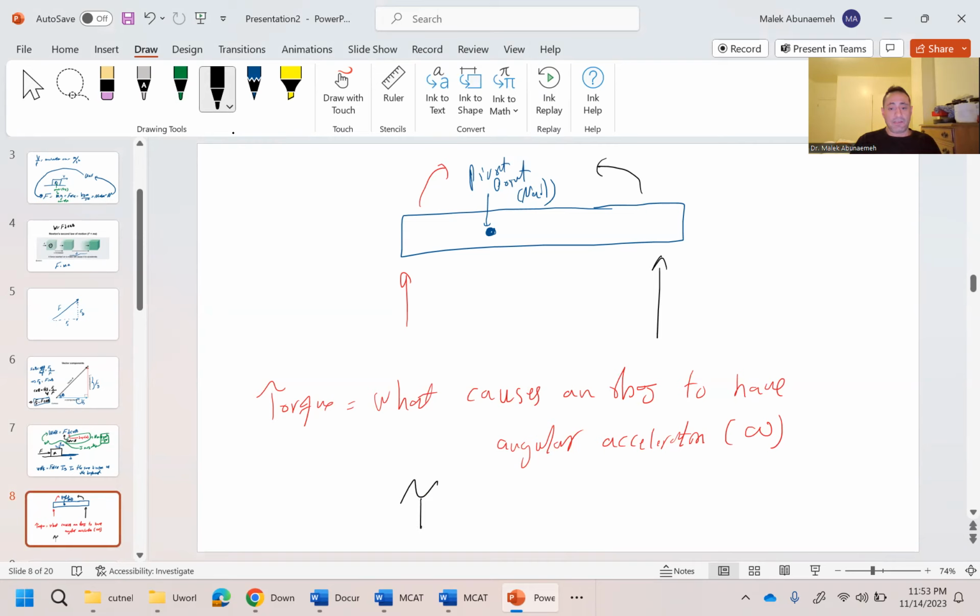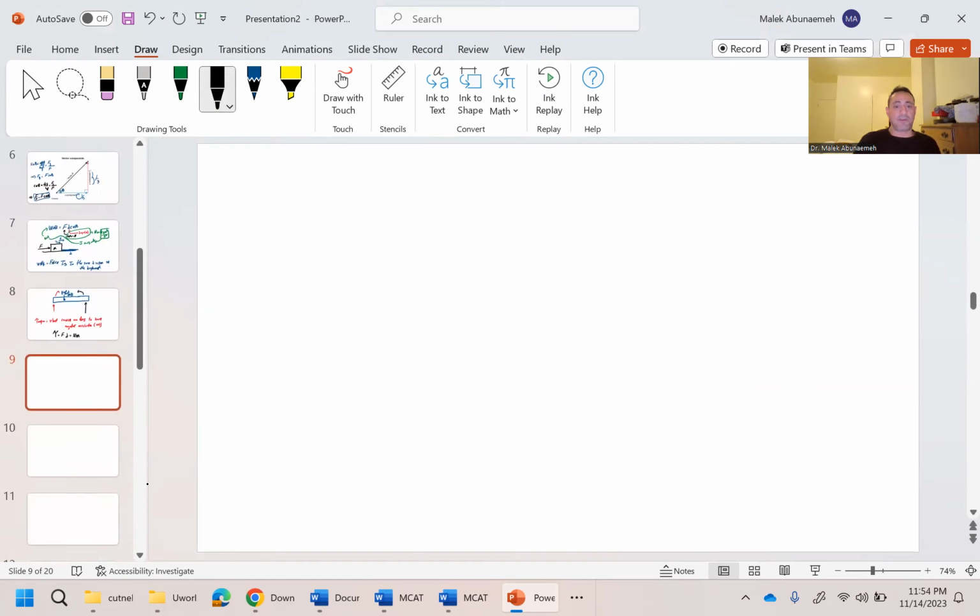And this torque is going to equal, again, your force times your distance, which is going to be in newton meters. So torque equals force times distance, which is your newton meter.